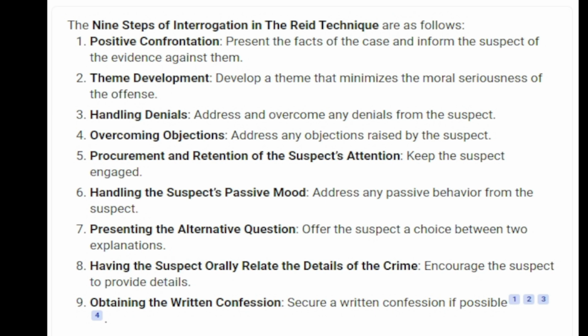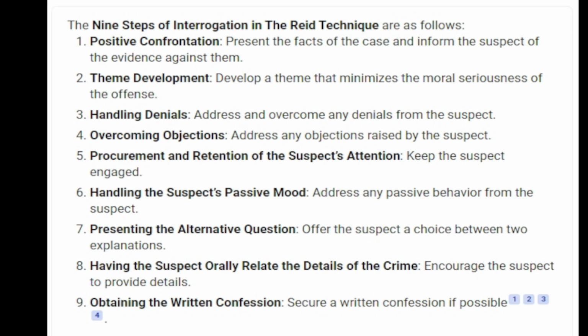As soon as they have a head nod or any kind of affirmation, they will try to convert the oral confession to a written statement.